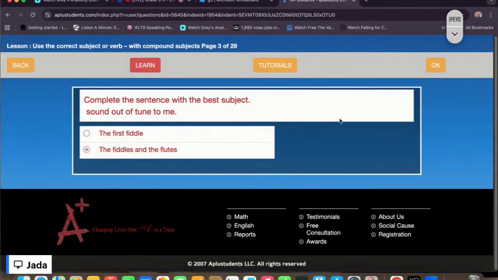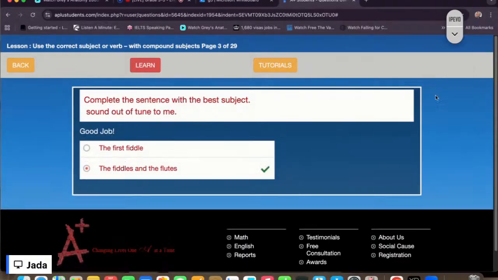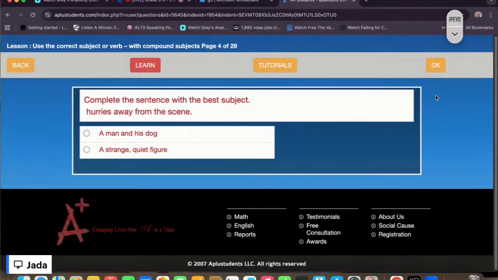Okay, so we have the second one. So dash hurries away from the scene. First or second?